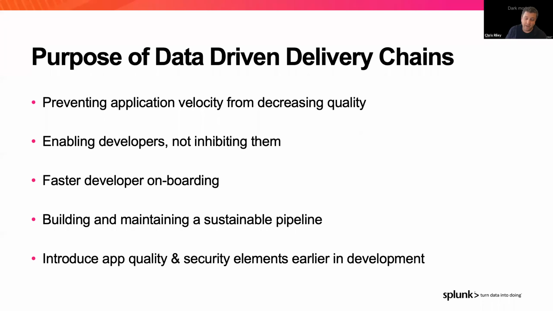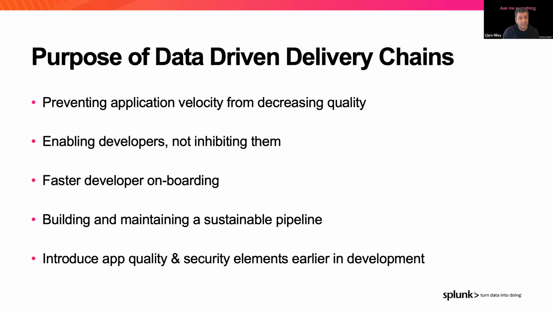It's also about enabling your developers, not inhibiting them. That's the dev plus the ops. We all play nice together, and developers are customers, not problem makers. They are your customer. You are trying to make them self-service. You are trying to make them move faster, but also not get themselves in trouble.